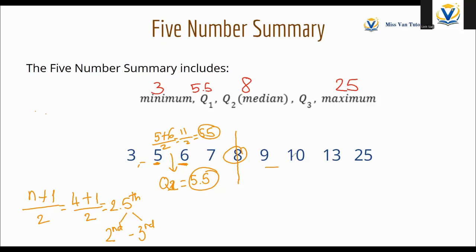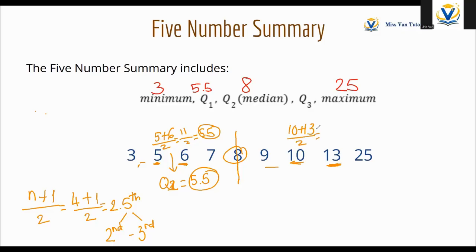So if you look at my upper set over here, my second number is a 10 and my third number is a 13. It's a bit hard for me to do mental math right here. So all I need to do is take my second, which is a 10, plus my third number, which is a 13, and then divide it by 2.